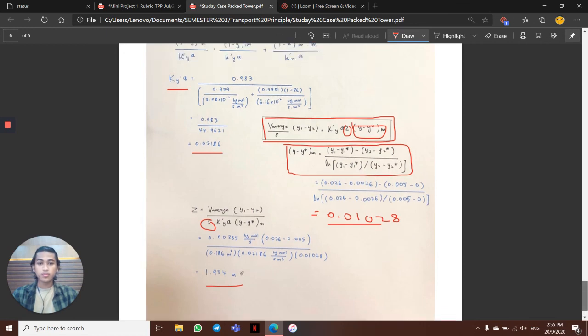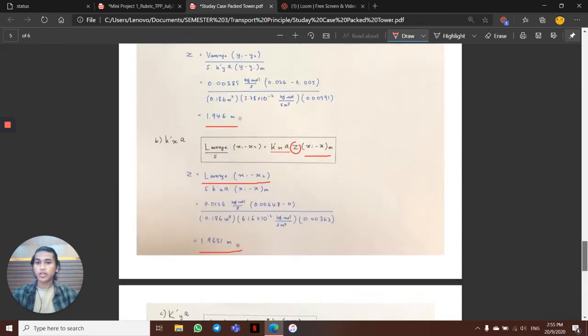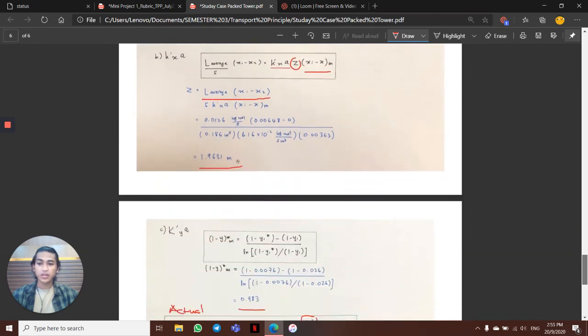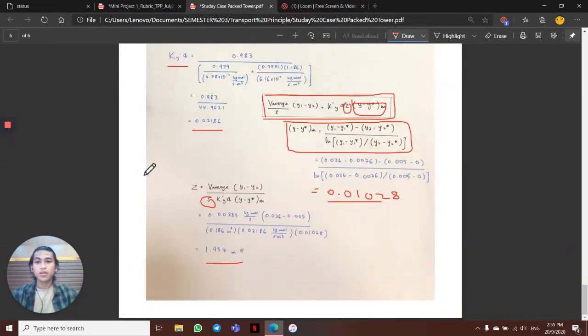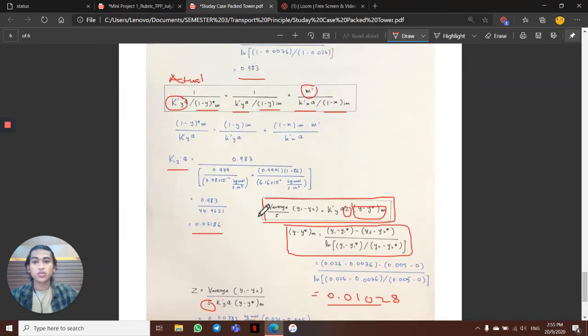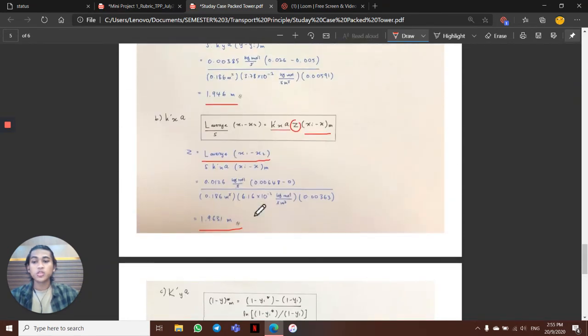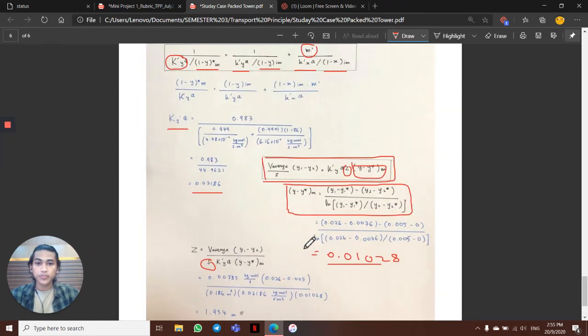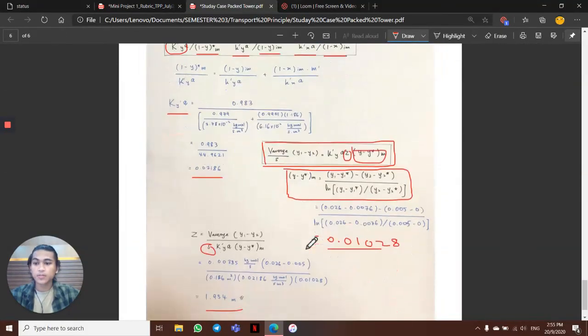So that's it. We already have the k prime ya, k prime xa, and the capital K prime ya. So please be sure that the final answer is in unit meter, because it is the unit of the height of the tower. And yeah, that's it.